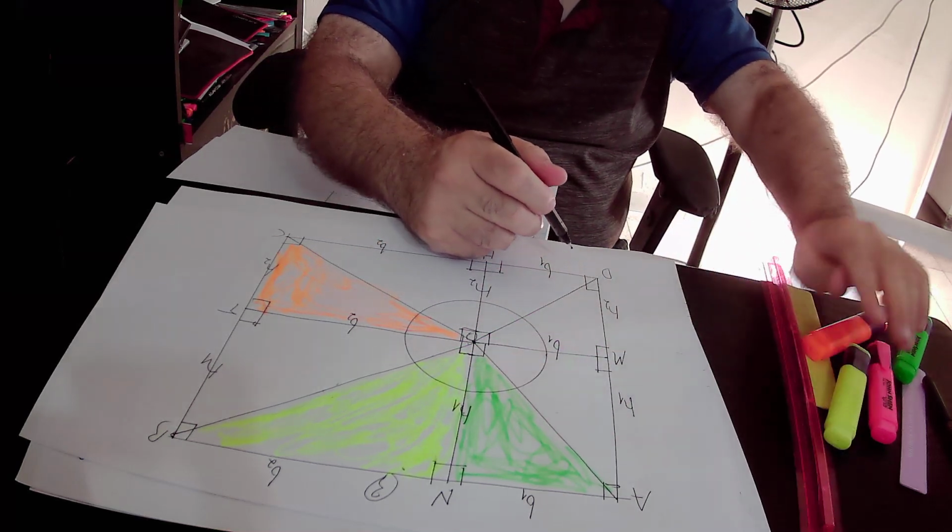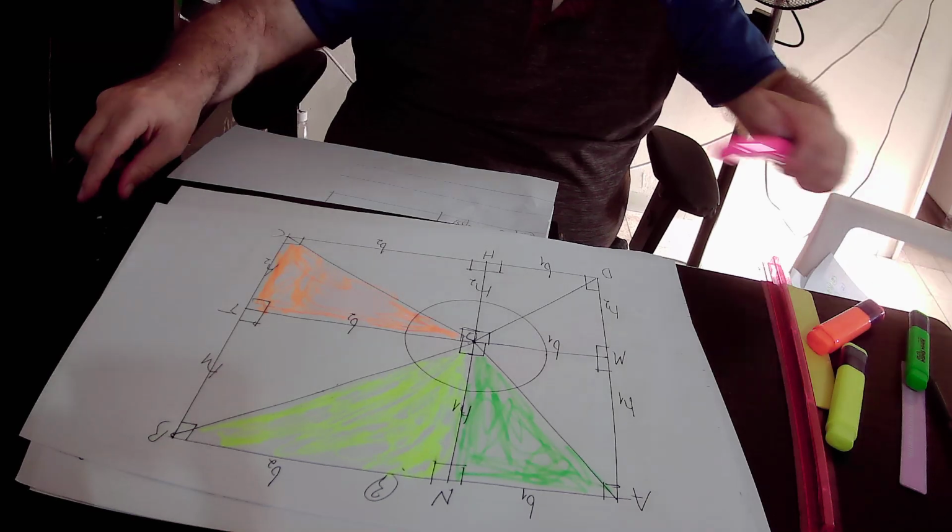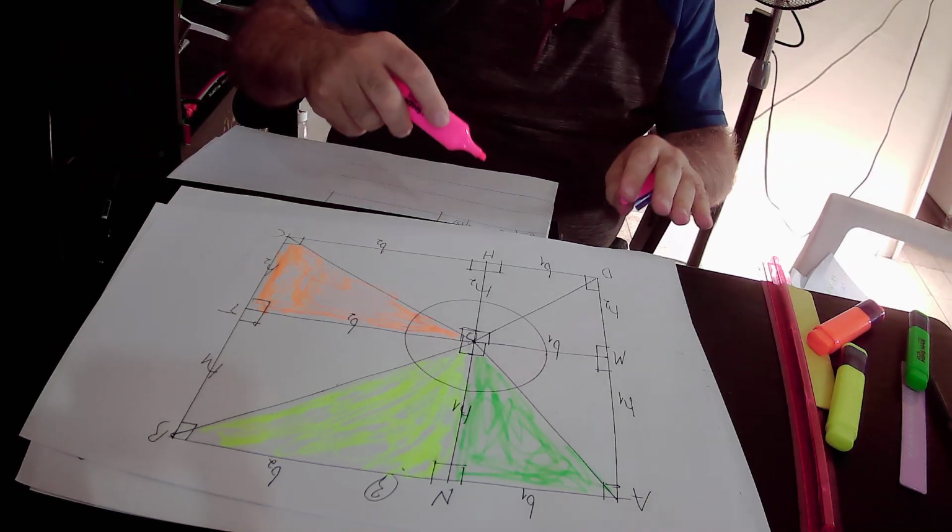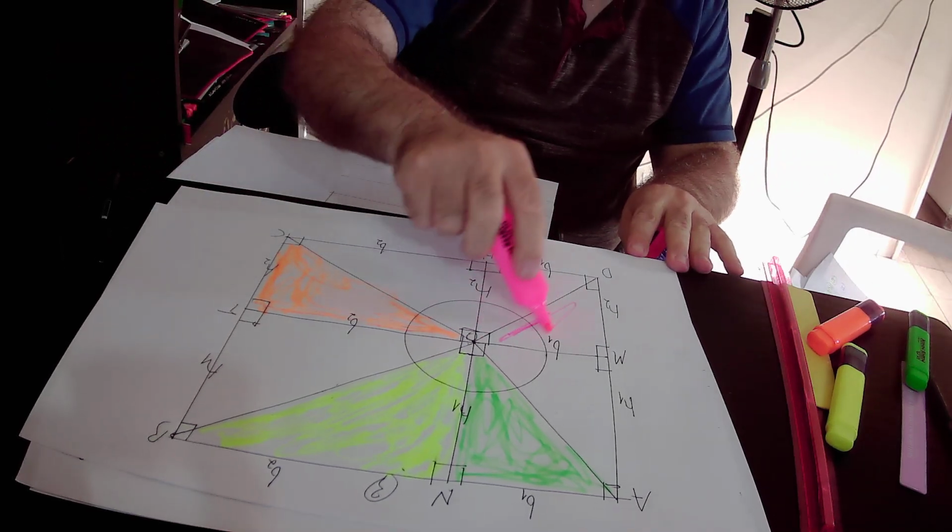And we'll implement the Pythagoras theorem on the right pink triangle OMD.